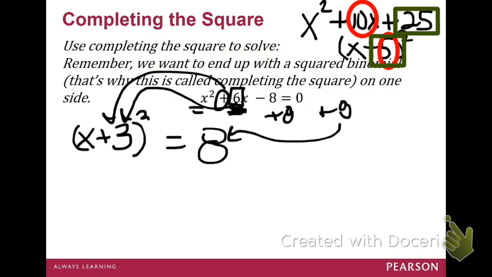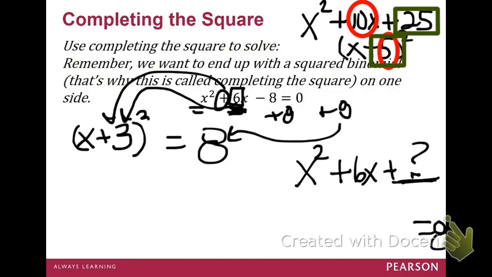Now I'm not done yet, because if I were to say x plus 3 times x plus 3, I would not end up with this x squared plus 6x. I'm missing some term right here. And then there's my equals 8 over to the side. I'm not thinking about it right now. I need to know what number that's going to be.